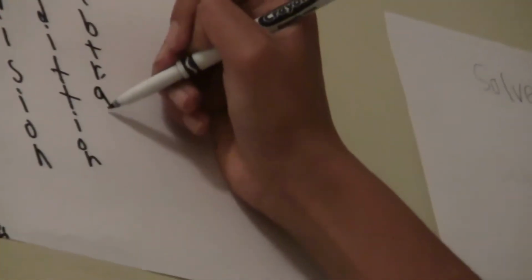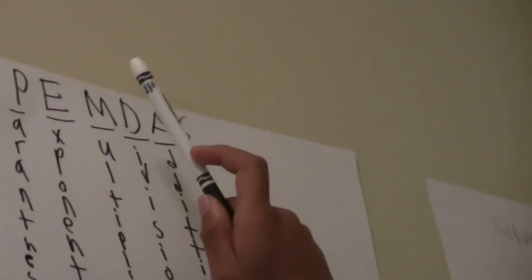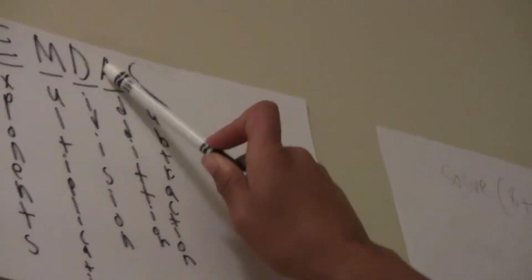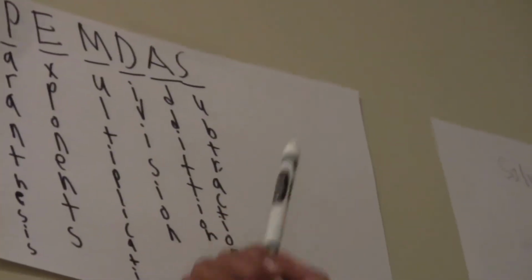And S stands for subtraction. A fun way to remember this is please for P, excuse for E, my for M, dear for D, Aunt for A, Sally for S. So please excuse my dear Aunt Sally.